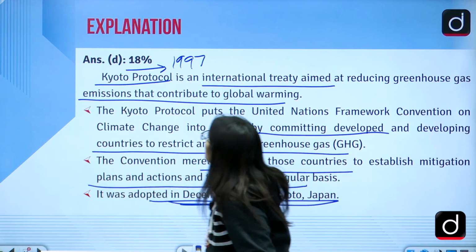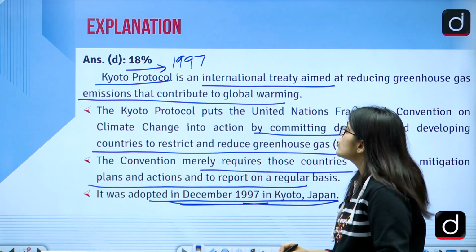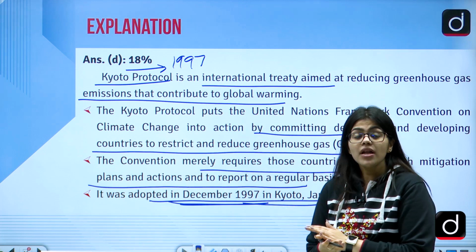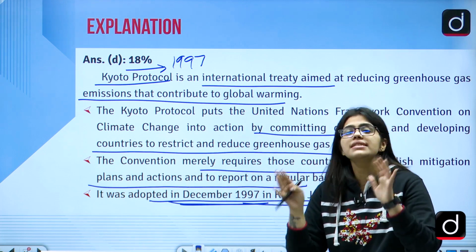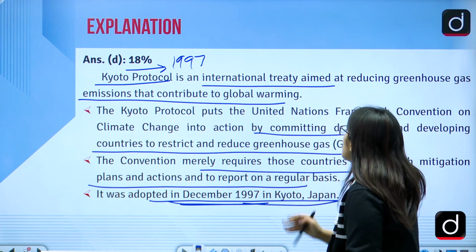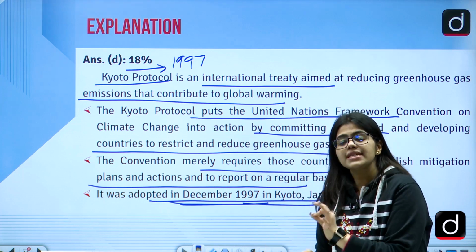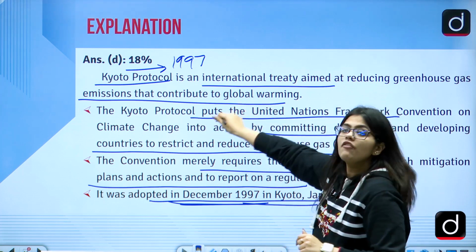Then we discussed the Kyoto Protocol, and we discussed that the Kyoto Protocol came into being in 1997, but the Paris Agreement would replace it in 2016. This was also started by UNFCCC as the Conference of Parties.